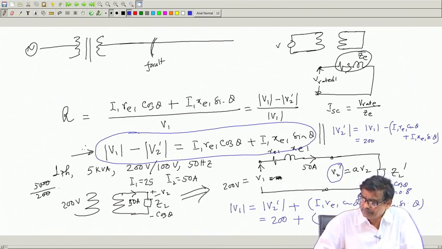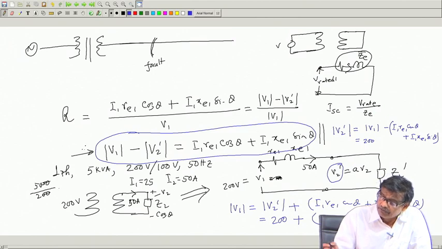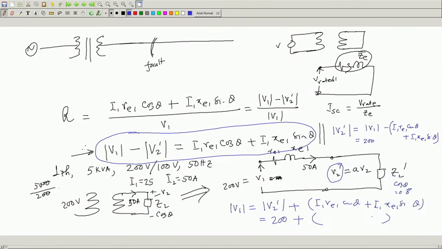You can have several nice problems on it. Okay, so, the regulation formula is useful. Also useful is this formula, that is V 1 minus V 2 dashed, the magnitude of V 1 and magnitude of V 2 dashed can be easily computed for a given load and power factor of the transformer.